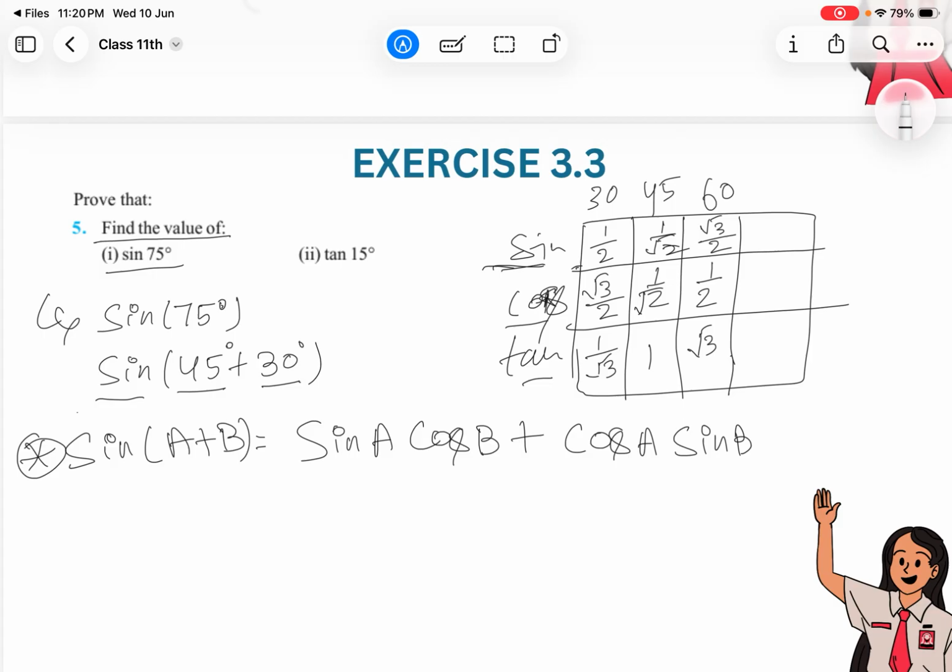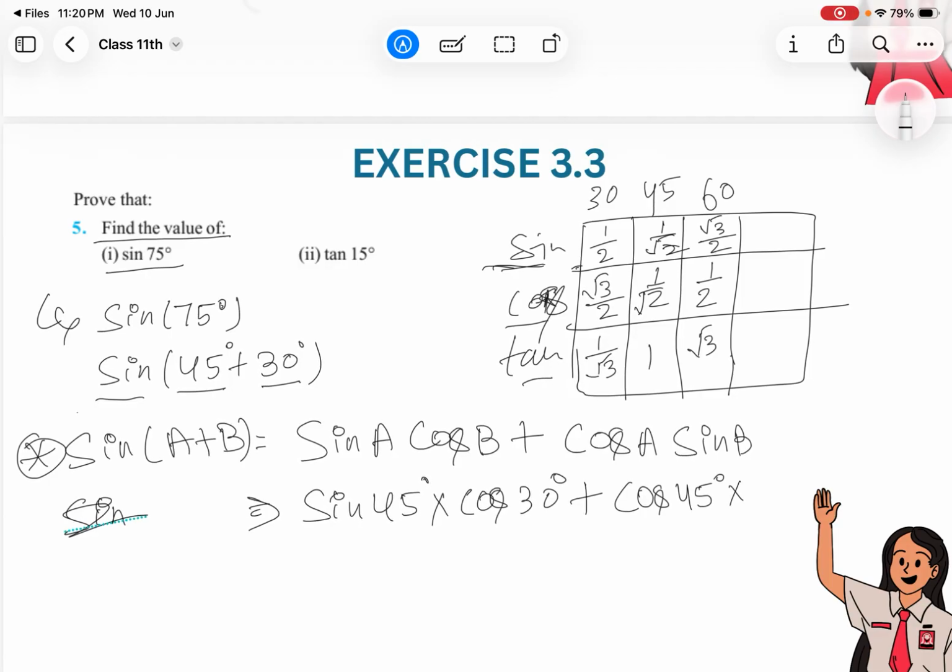So now we will put all the values here. Sine a means 45 degree, into cos b, that is 30 degree, plus cos a, that is 45 degree, into sin b, that is sin 30 degree. Right?